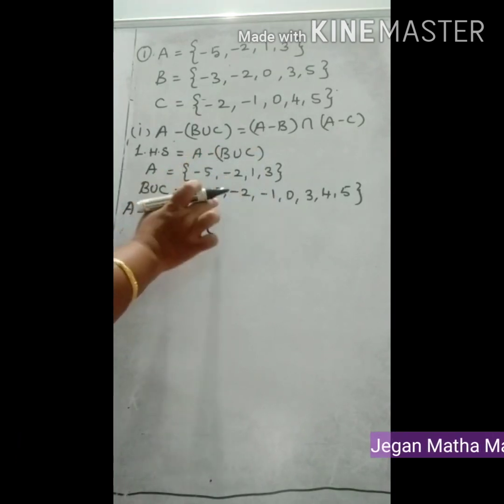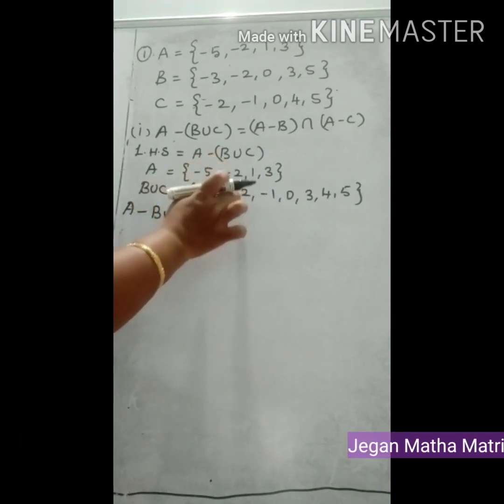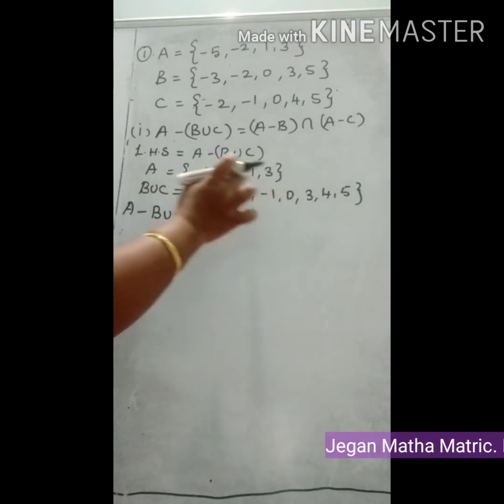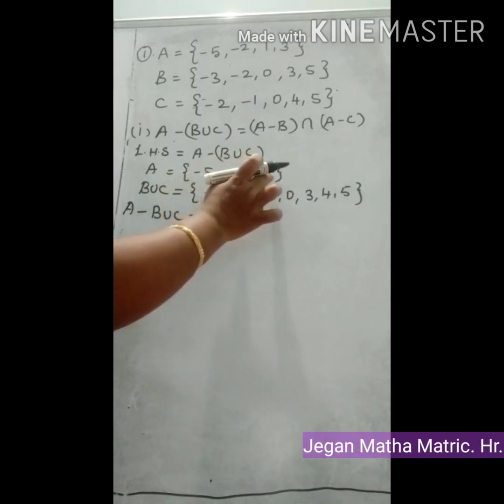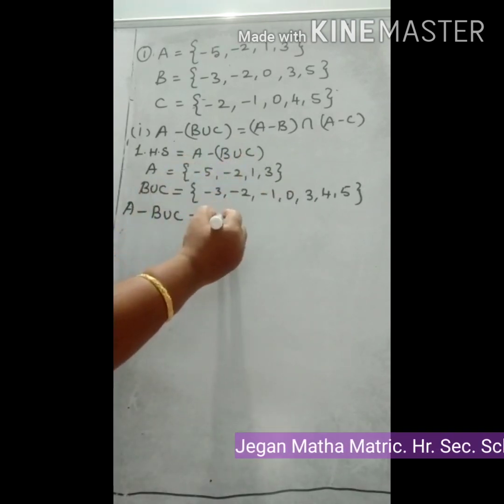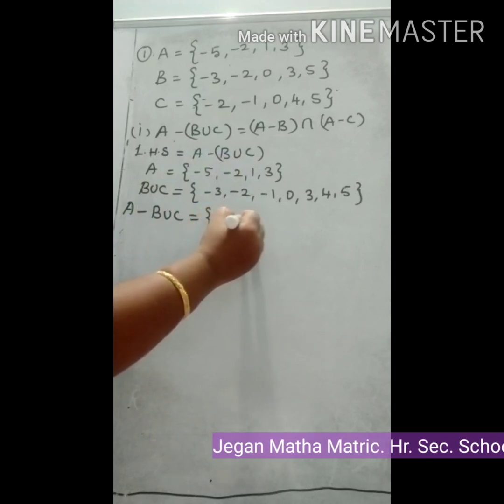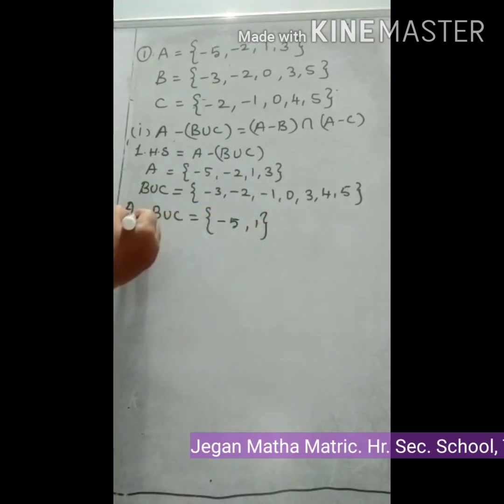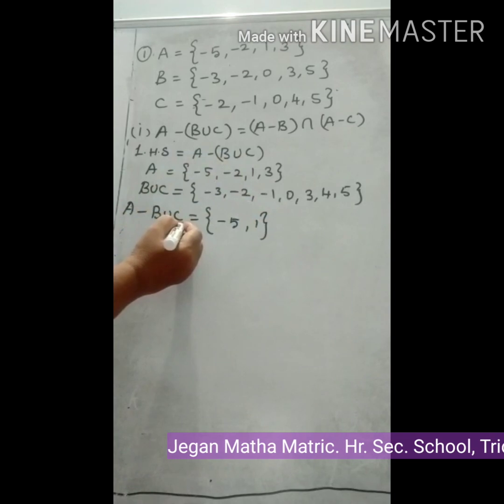What is the common element for these two? Minus 2 is there and 3 is there. So, except minus 2 and 3, we have to take the other elements in A, minus 5 and 1. So A difference B union C is {minus 5, 1}.